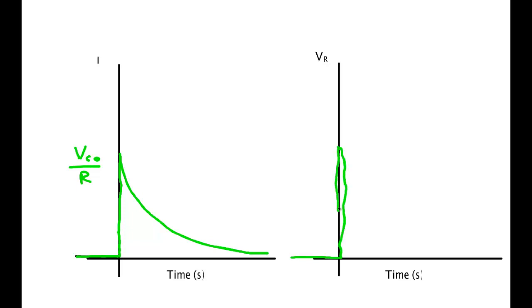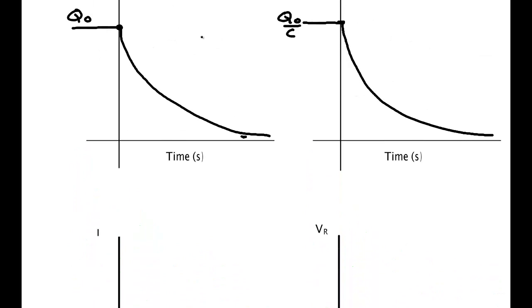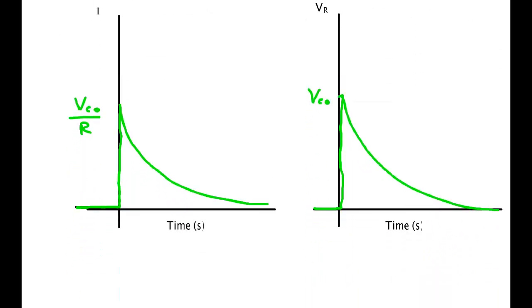Not a very good drawing, sorry about that. And then it went down. So the graphs look the same here, except that there's not a discontinuity in the charge and voltage like there is in the resistor.